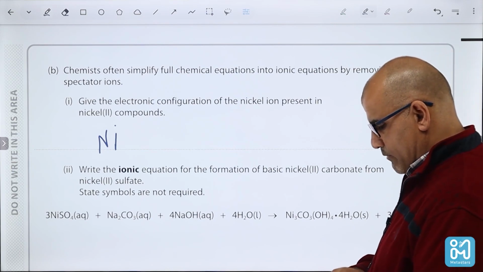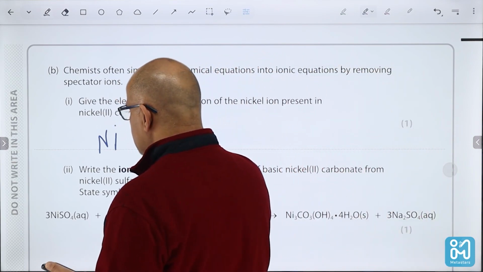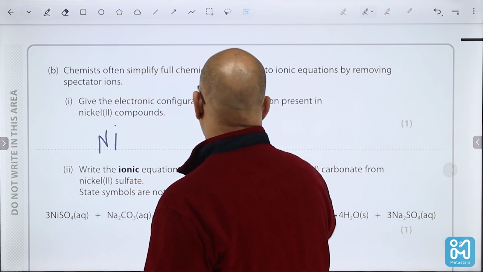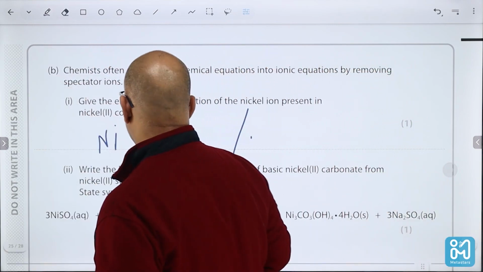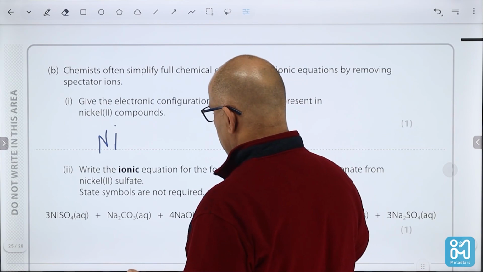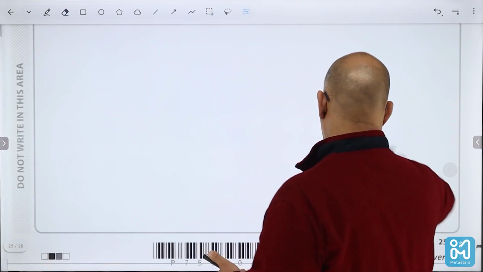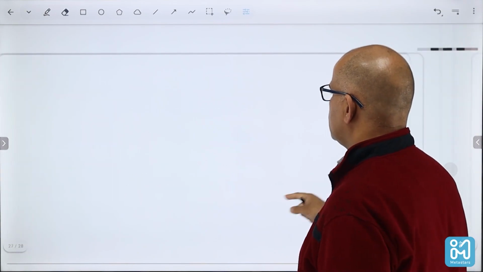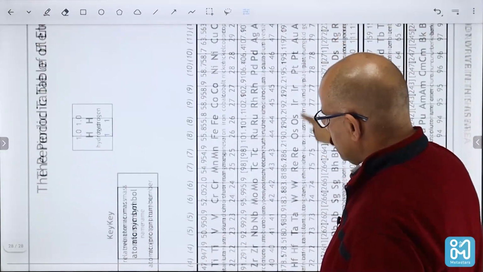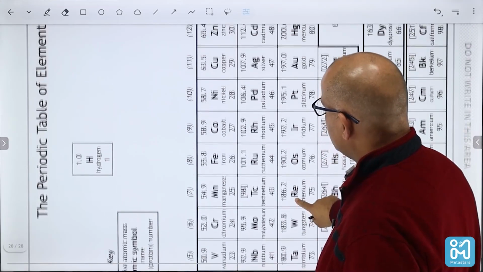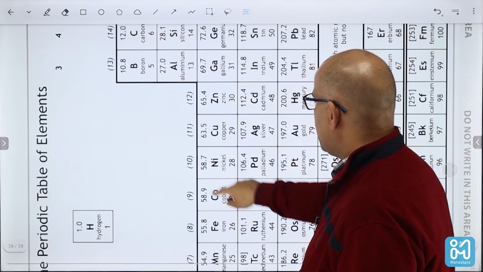If you return back to the periodic table in the paper itself, you can find nickel is 28.